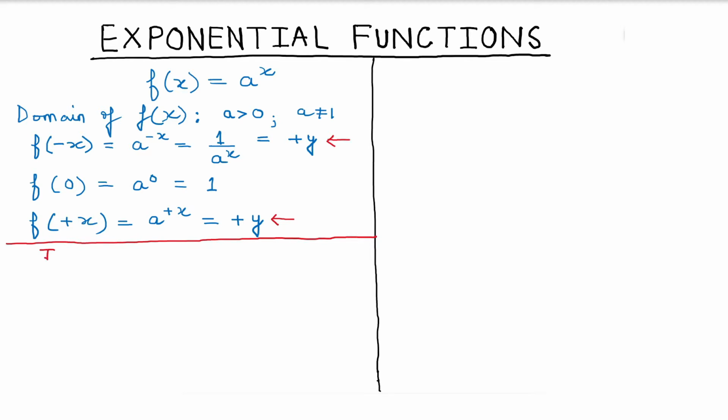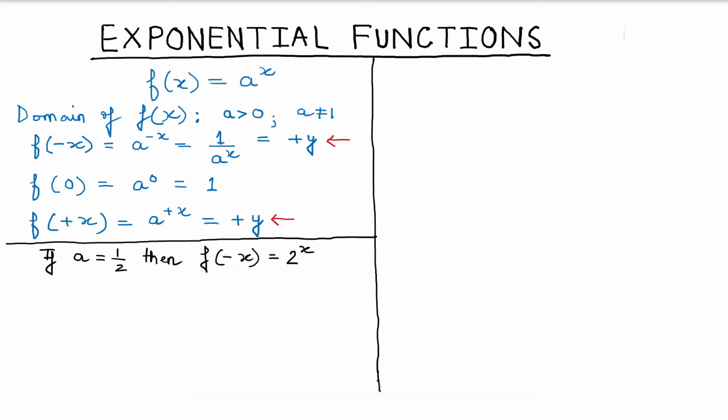Let us say in one case, I'm saying that a is equal to 1 by 2. Then what will be f of minus x? In that case, if I substitute the value of a as 1 by 2, f of minus x will be nothing but 2 to the power x, and you are supposed to input negative values only.